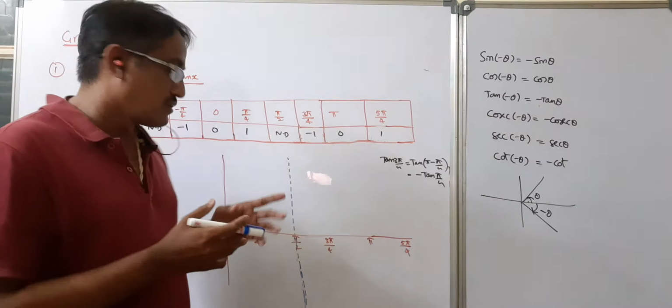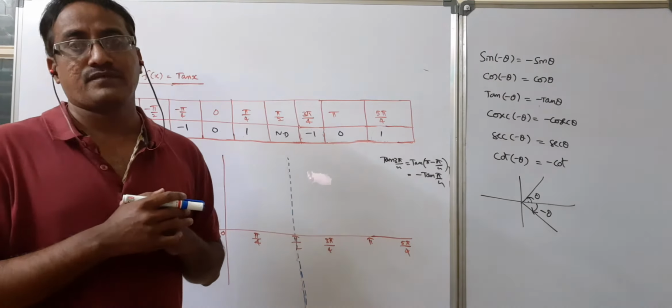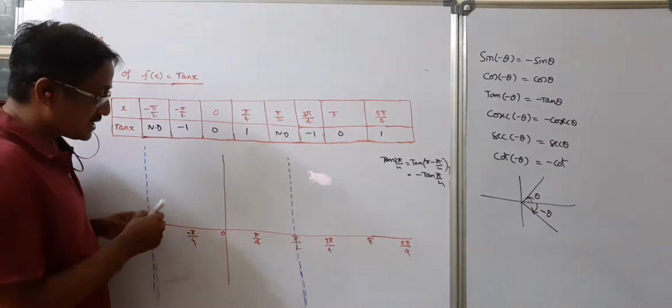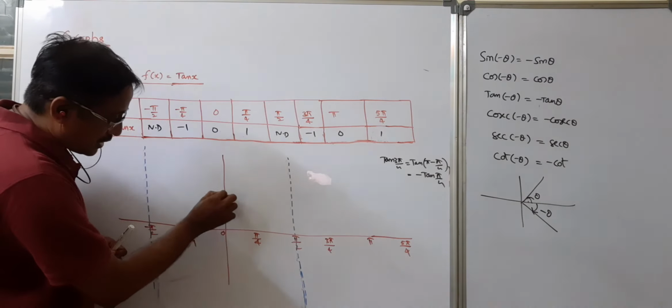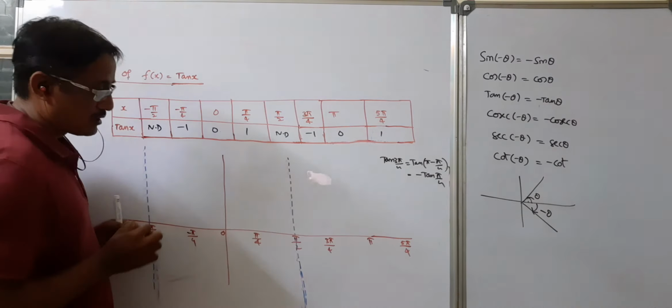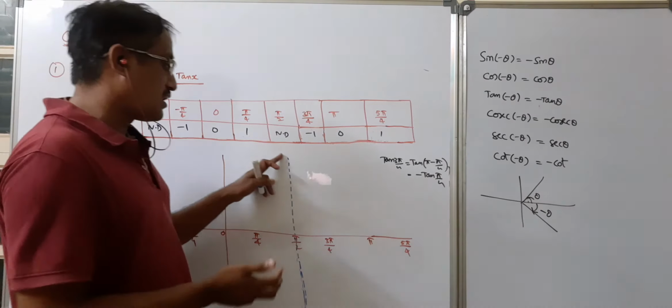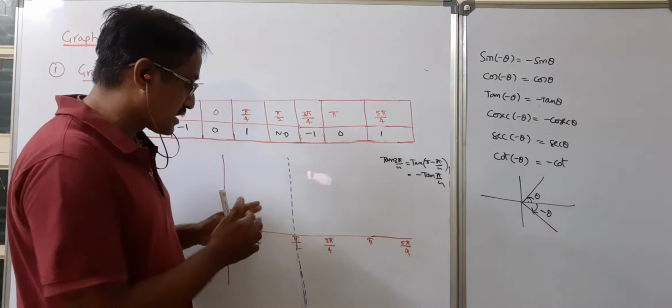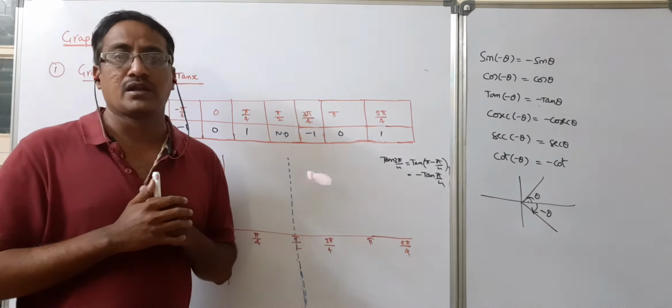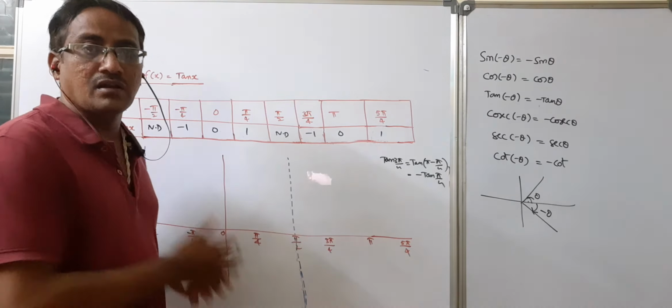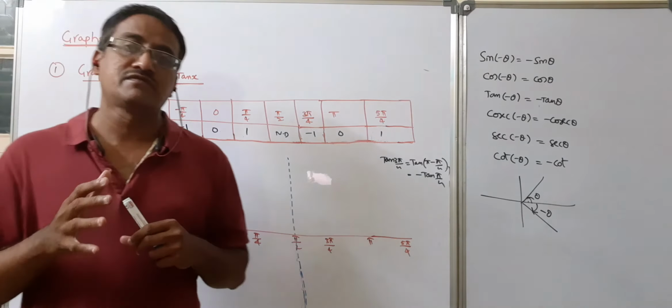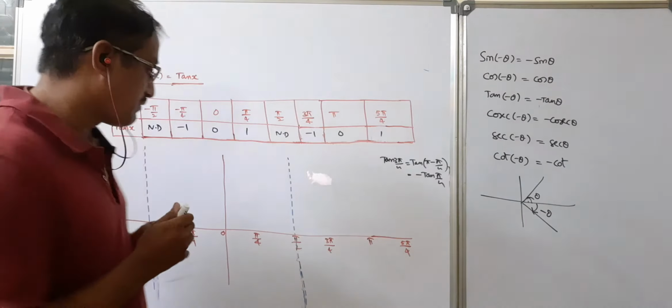That means you cannot touch this line. You have seen that if the value is 1, you mark it here. But here the value is not defined or infinity, which means you cannot touch that point. So we have drawn vertical lines at the points where the graph is not defined.